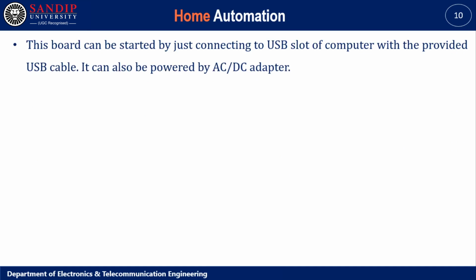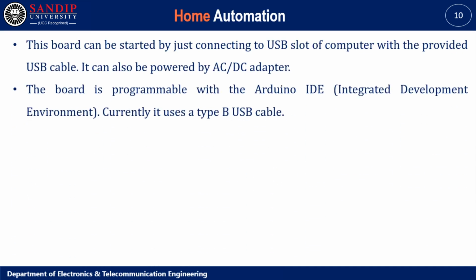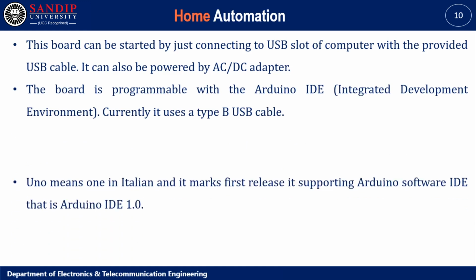This board can be started by just connecting the USB slot of the computer with the provided USB cable. It can also be powered by an AC-DC adapter. The board is programmable with the Arduino IDE, that is Integrated Development Environment. Currently, it uses a Type B USB cable.